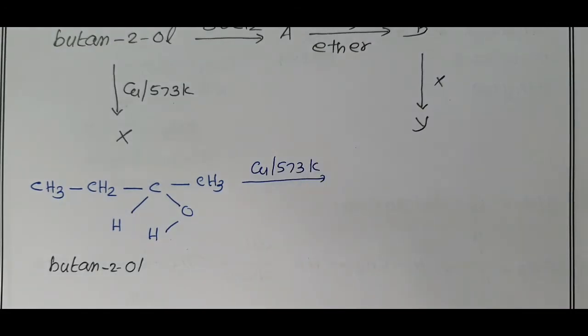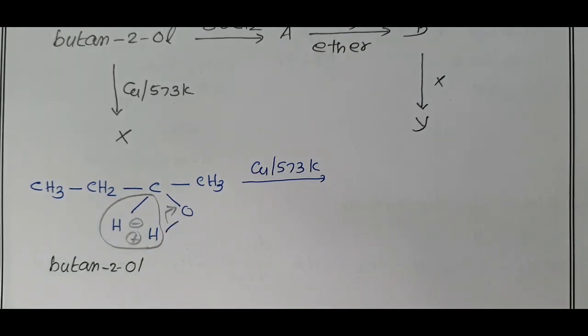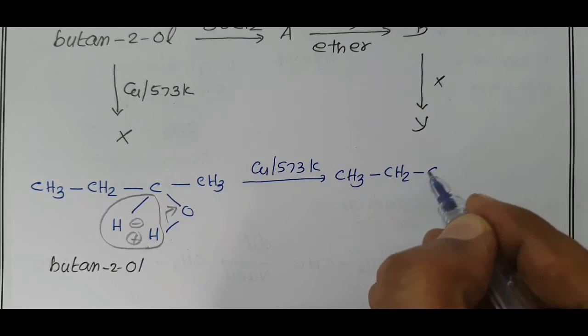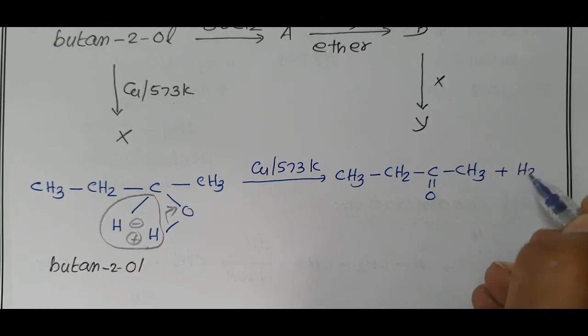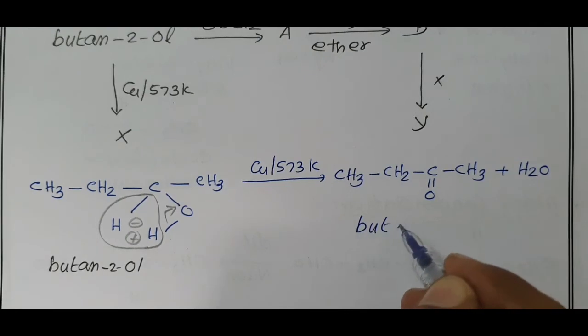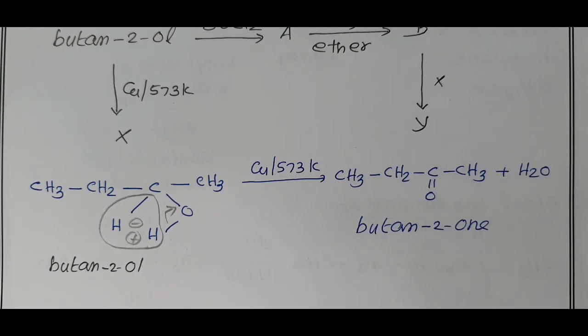One hydrogen from the functional group and another hydrogen from the carbon attached to the functional group are removed as H2. Now the bond shifts between carbon and oxygen, giving CH3, CH2, C double bond O, CH3, with loss of H2. Four carbon butane with a ketone at position 2: this is butanone, compound X.